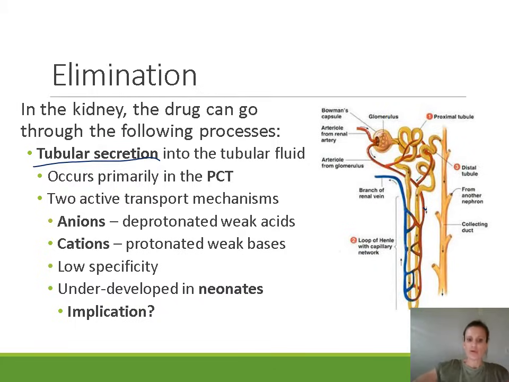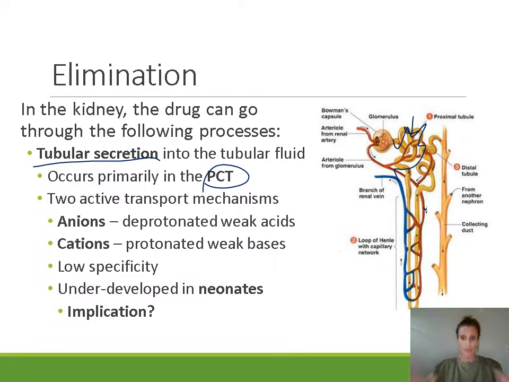When we're talking about tubular secretion, secretion happens mostly in the PCT, the proximal convoluted tubule, the first little tube that we get to. Tubular secretion is like an active process where we have little transporters that will pump the drug into the tubule. There are a couple different active transport mechanisms that we have here.